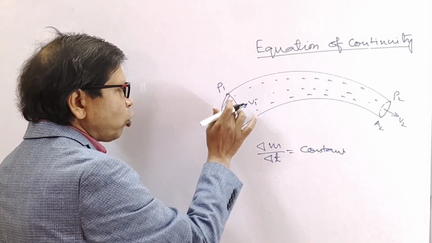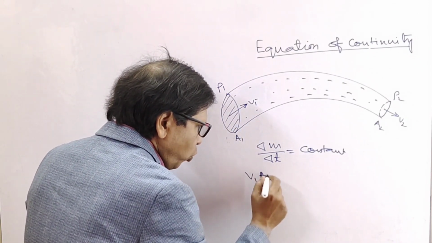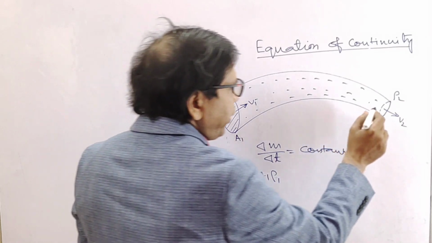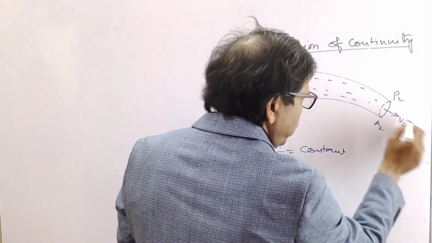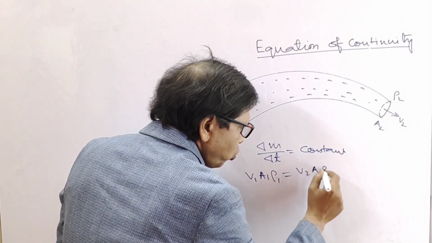So the rate of mass of fluid flow in this section is v1 A1 ρ1, and the rate of mass of fluid flow through this section is v2 A2 ρ2.